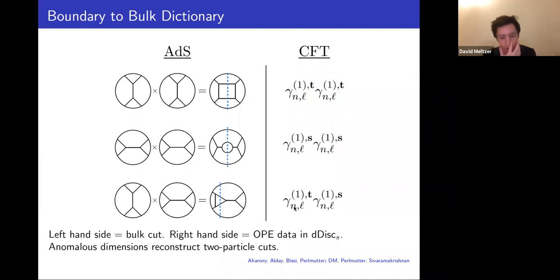From the boundary perspective, it's very easy to get stress tensor exchange. Getting the quartic interaction correct would be a lot more difficult, but you should also be able to fix that from a purely boundary perspective.